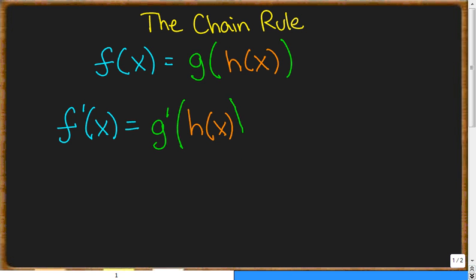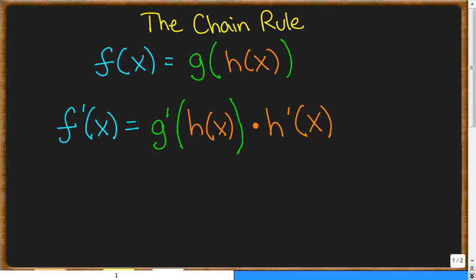Now, this is an important part. Then we multiply by the derivative of our inner function. So we don't account for the inner function's effect on everything until the end, where we tack on the derivative. So it's a very outside looking in scenario.